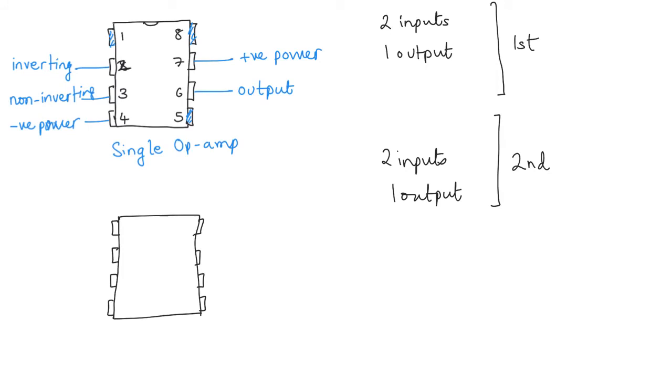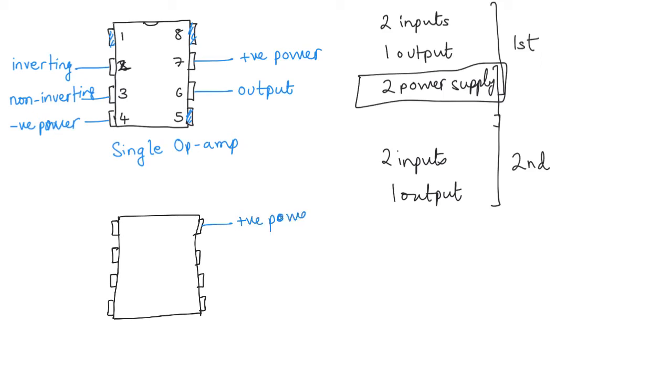And then you have two power supply pins. Power supply, right? And this power supply is shared between the first and the second. So this is shared between the two op amps, and that's why we can do with 8 pins. So for example, in this package, you could have this connected to positive power supply.